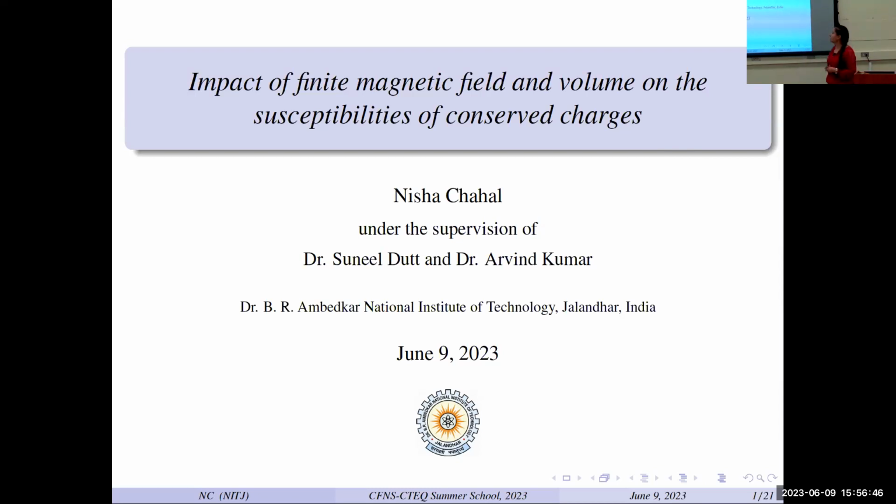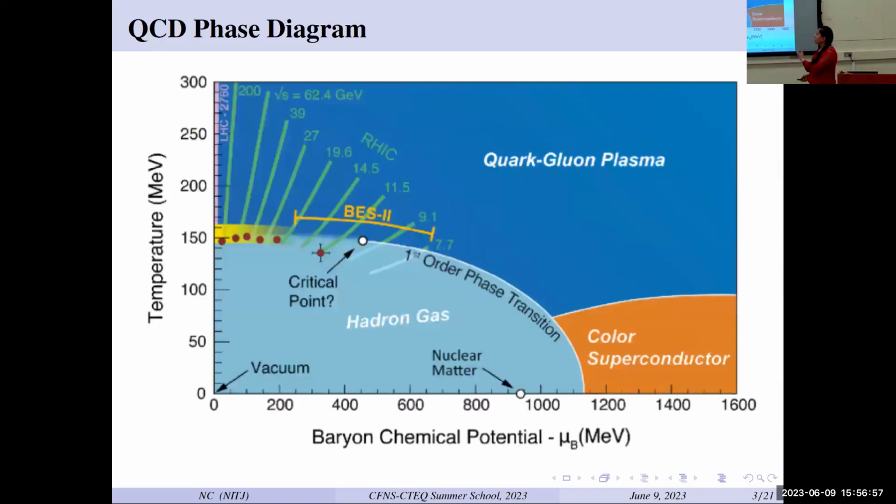I'll be talking about the impact of finite size and the magnetic field on the QCD phase diagram. This is a very beautiful diagram we have in high energy physics, the QCD phase diagram. Here is the vacuum, where it is 0 temperature and 0 baryonic chemical potential. The conditions of the early universe are said to be at very high temperatures and 0 baryonic chemical potential.